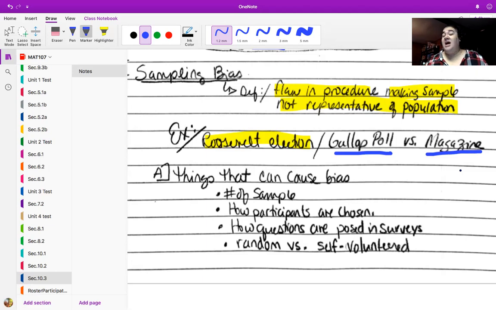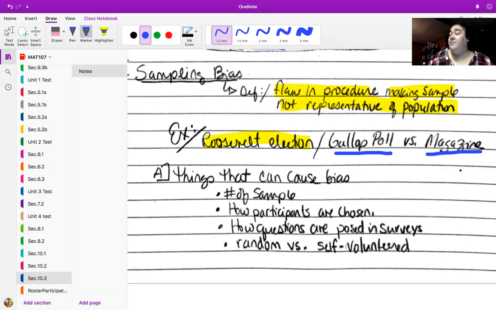In the time of Roosevelt, there were phones and there were cars, but it was not something that was widely had. Not every household had a telephone, and not every household had a car. Only higher income families, wealthier families, families living closer to metropolitan areas would have had vehicles and telephones and the money to purchase this magazine. And that is what the magazine neglected to realize.